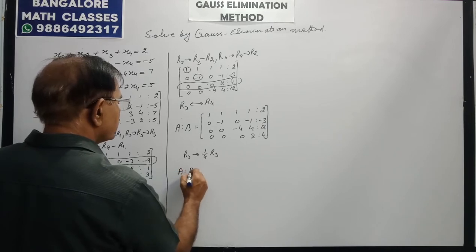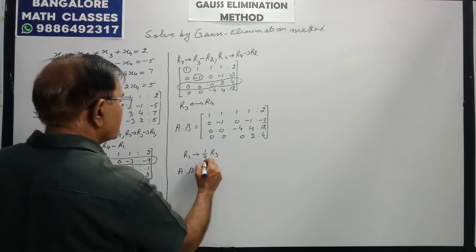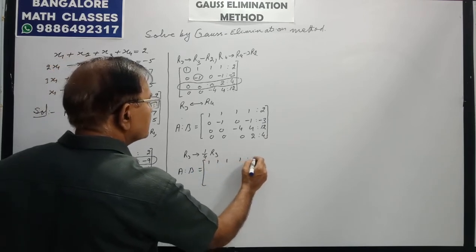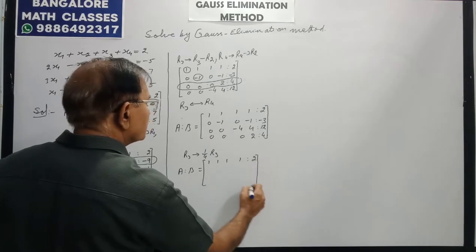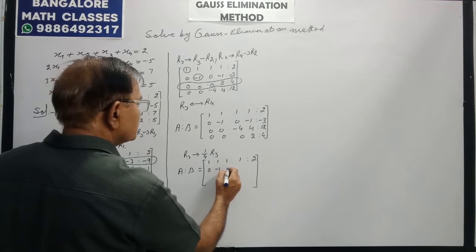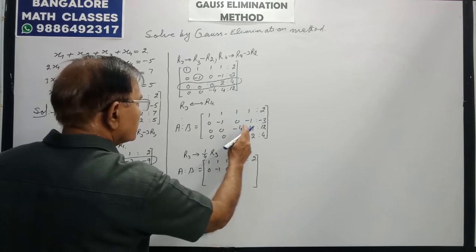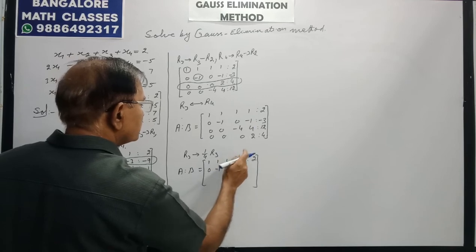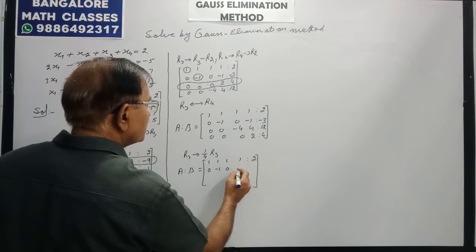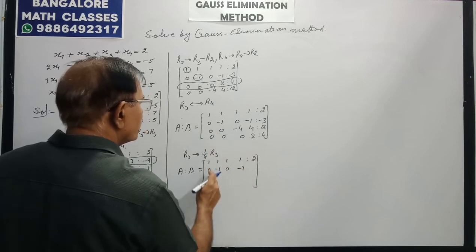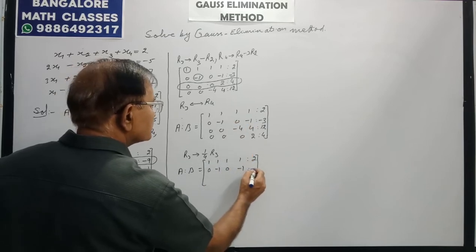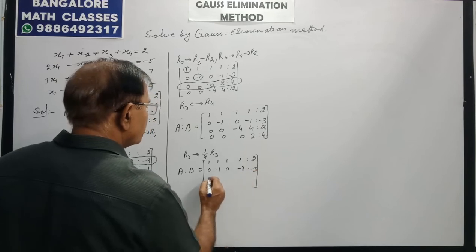Then A augmented B: 1, 2, 3, 4, then 2. 0, minus 1, 0, 0, minus 1, 0, and again minus 1, 1, minus 1, equals minus 3.